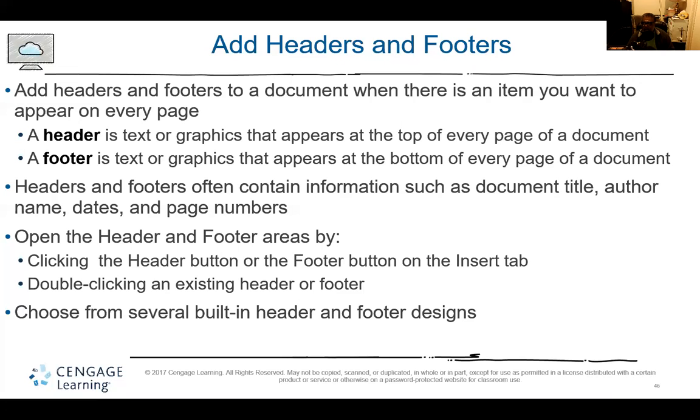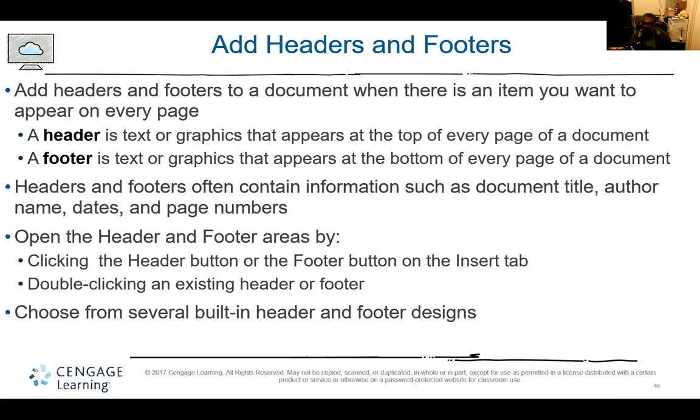Add headers and footers to a document when there is an item that you want to appear on every page. A header is text or graphics that appears at the top of every page of a document. A footer is text or graphics that appears at the bottom of every page of a document.